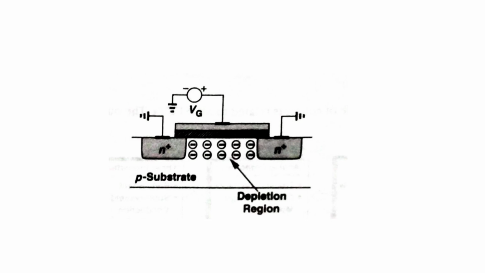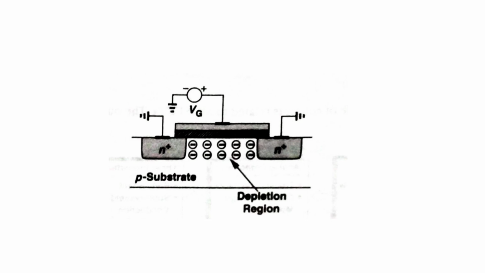The other reason is that we are having two N plus regions connected to ground. In those two regions we are having electrons as the majority carrier, and in the p-type substrate we are having holes as the majority carrier. Those electrons and holes will combine and vanish, and near the two junctions there will be a negative ion formation.